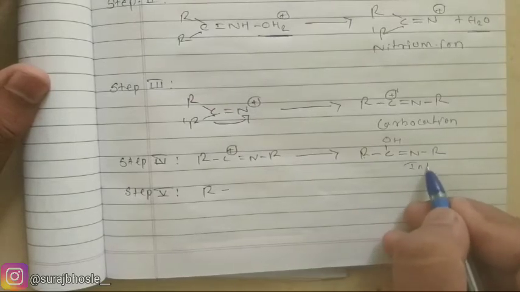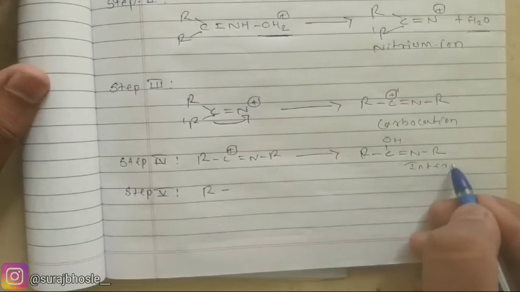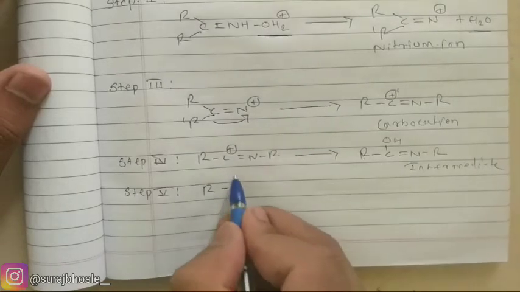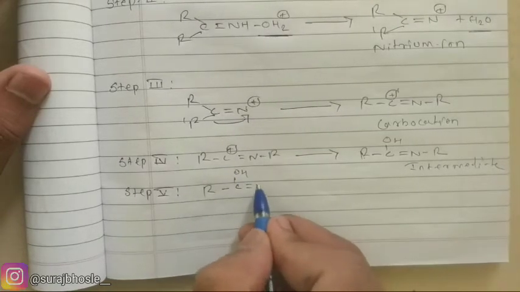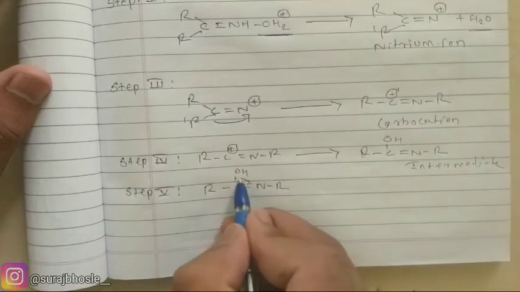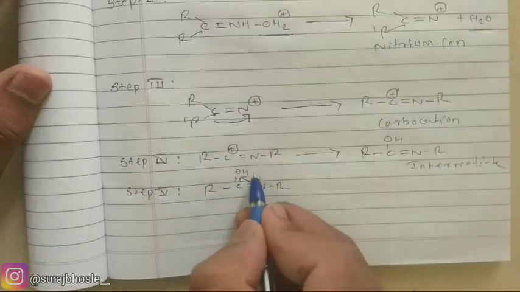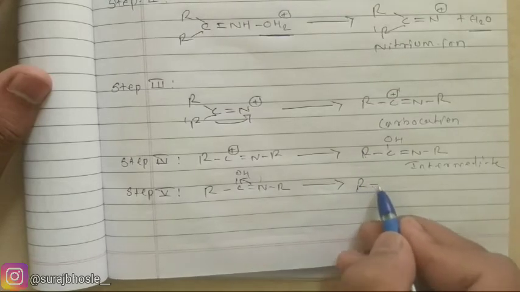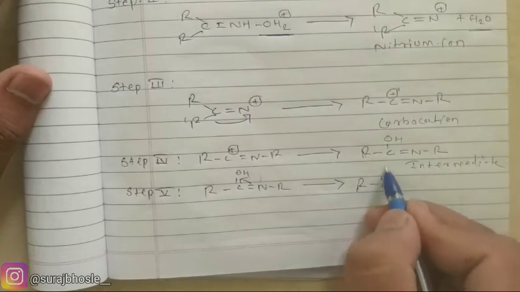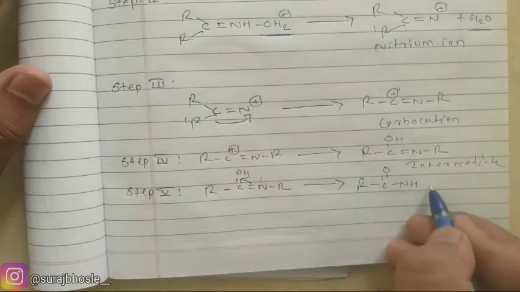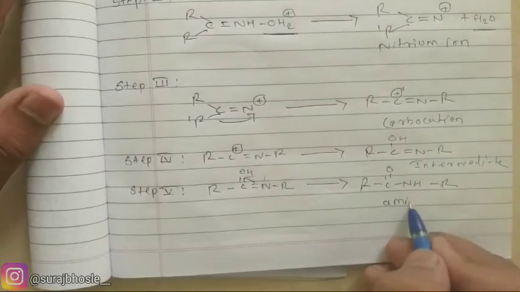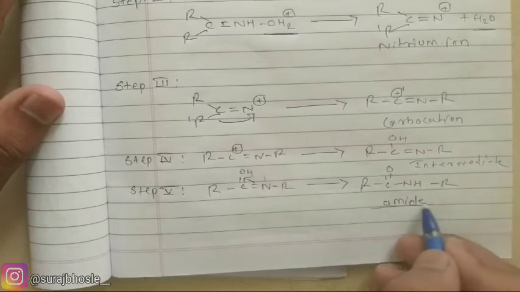This is an intermediate of the mechanism. Now this intermediate rearranges itself: the double bond shifts, this hydrogen is lost, and the nitrogen accepts that hydrogen, which leads to the formation of amide. So this was all about the mechanism of Bachmann's rearrangement reaction.